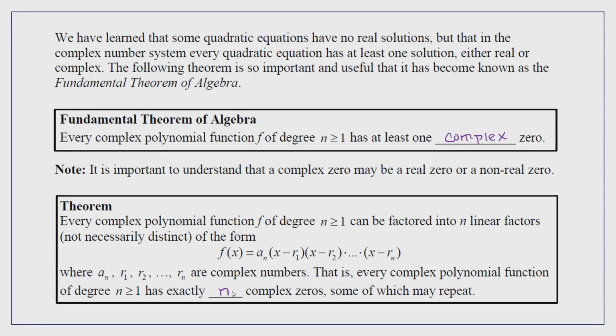Which is why the theorem states that it's not necessarily distinct, meaning different, not the same. Remember, n also represents the degree of your polynomial. So if you know the degree, then you also know the number of complex zeros. And remember, complex zeros could be real or not real.